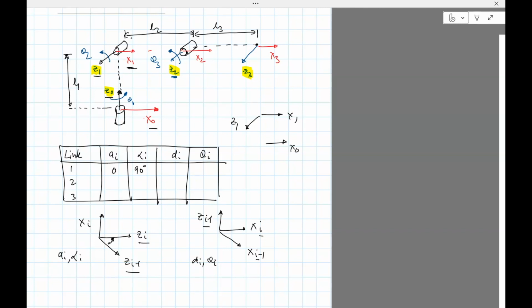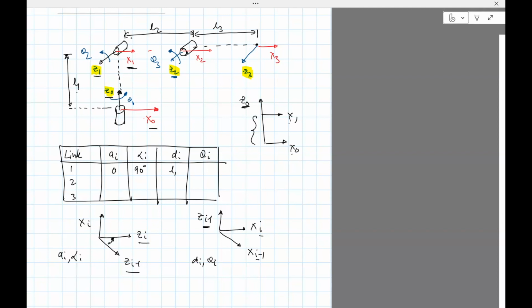Is that right? No, my bad. It's i minus 1. So i is 1, so i minus 1 is 0. This should be along Z0. Okay, so the distance between X0 and X1 along Z0 is basically this distance. It's L1.